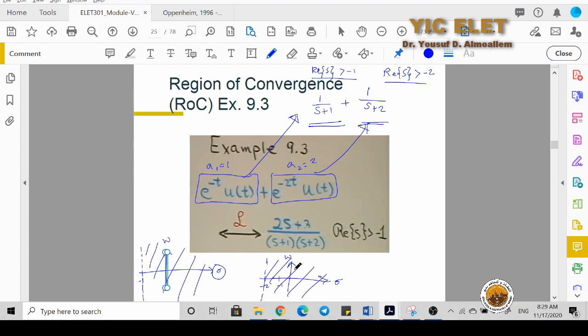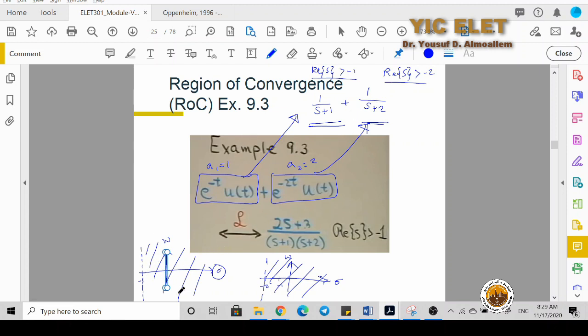So in some sort, 1 over s plus 1 is convergent on this region, and 1 over s plus 2 is convergent on this region. So for the summation of both of them, we should get both of them.